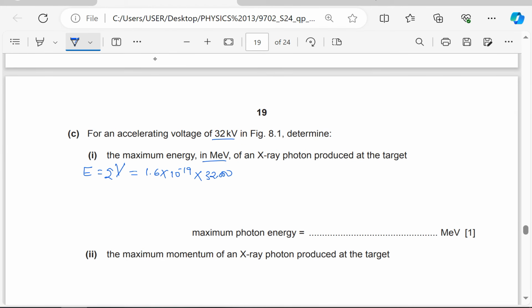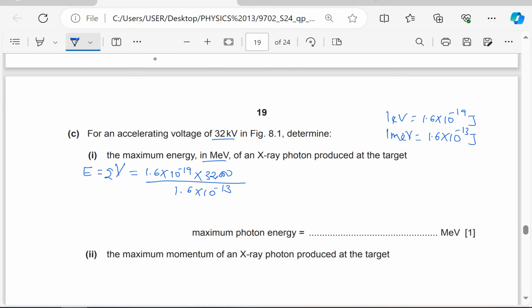But then they want the answer in mega electron volts. We know that 1 electron volt is 1.6 times 10 to the power of minus 19 joules. And 1 mega electron volt is going to be 1.6 times 10 to the power of minus 13 joules. We multiply by 10 to the power of minus 6. So to bring in mega electron volts here, I'll divide this by 1.6 times 10 to the power of minus 13.